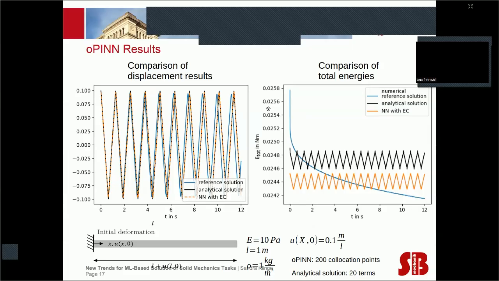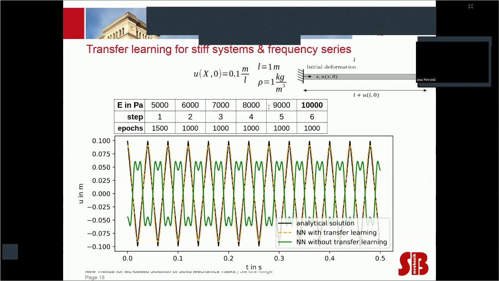And this is one of the most important disadvantages of classical solvers. Another advantage of this neural network method is that it can also be applied to very stiff problems where, for example, traditional methods completely fail. That's the green line. Our solution is given in yellow, and it has a very good agreement with the analytical solution in that case.